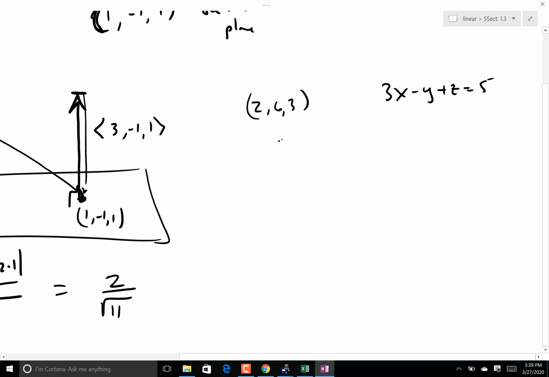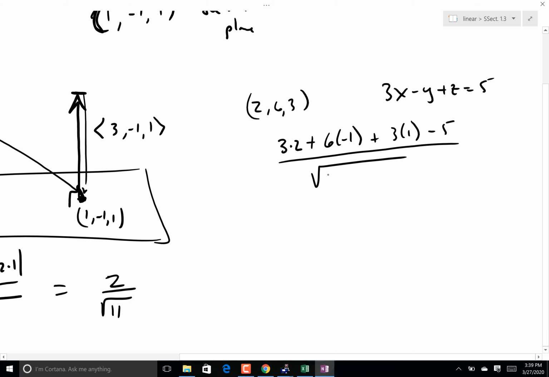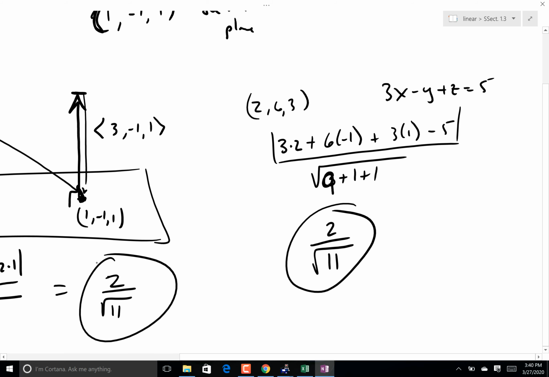Okay, so the formula simply says do 3 times 2 plus 6 times -1 plus 3 times 1 minus 5 over the square root of 9 plus 1 plus 1. So that's going to be obviously 11 on the bottom, and we're going to have 6 minus 6 is 0. 3 minus 5 is -2. So 2, the absolute value. Ta-da, ta-da. They are the same.